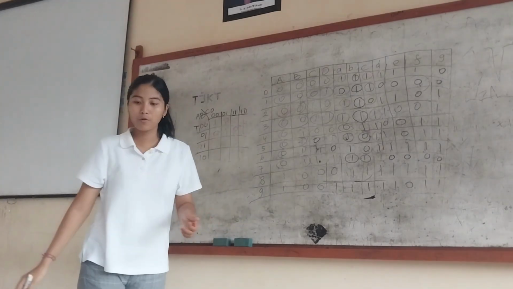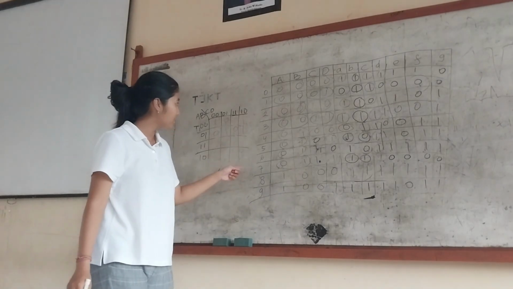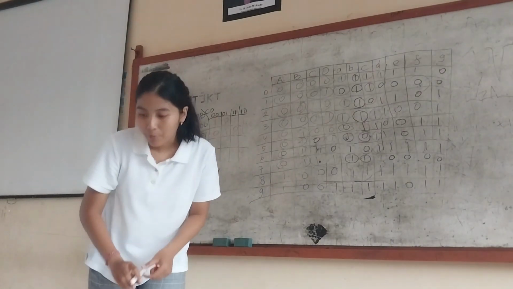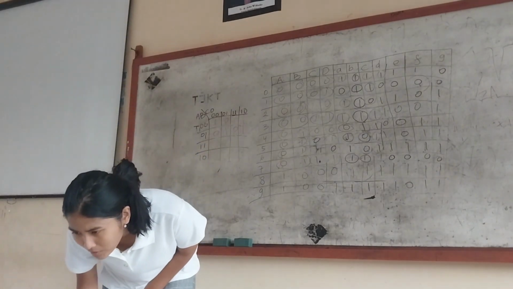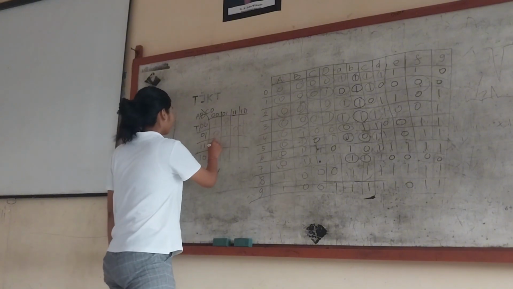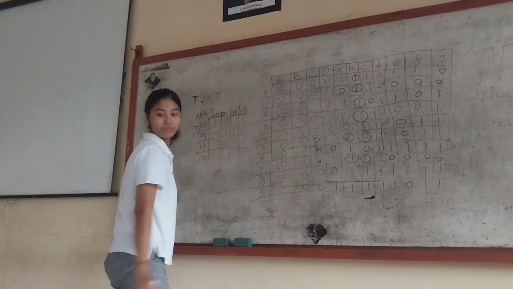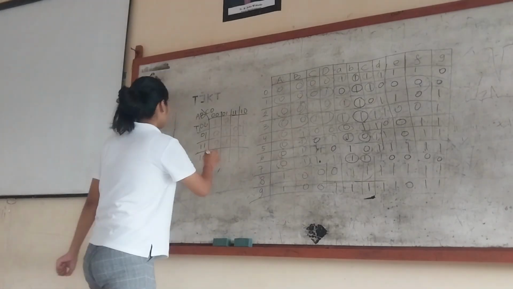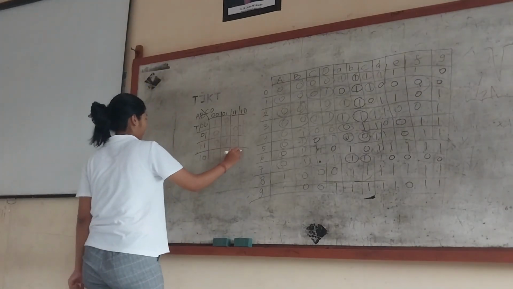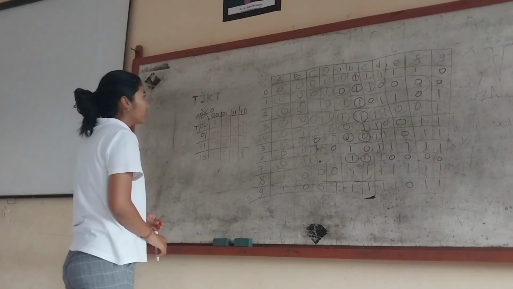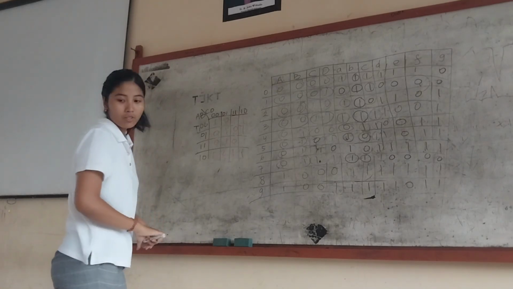Because I just need up to here, the last I will see in Logisim. So this is the final result of the D Karnaugh map.